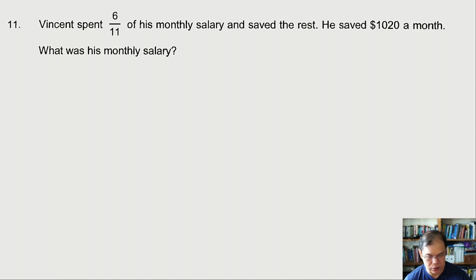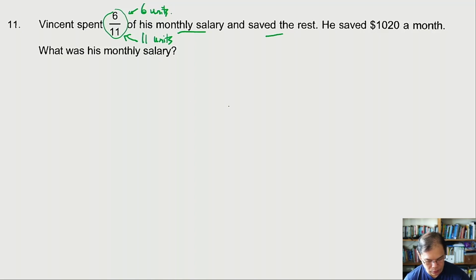Just think in terms of units, right? So when it says Vincent spent 6 out of 11, you see this fraction, you must think there must be a total of 11 units, and 6 out of the units goes to the monthly salary. Okay, whatever is not spent is saved, isn't it?